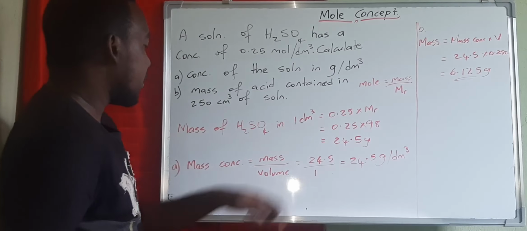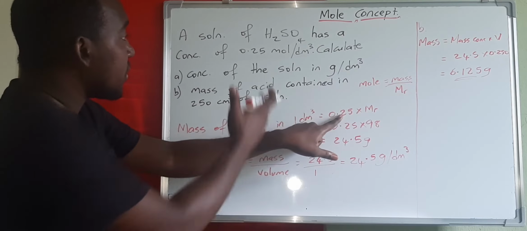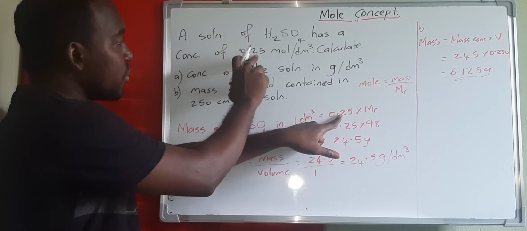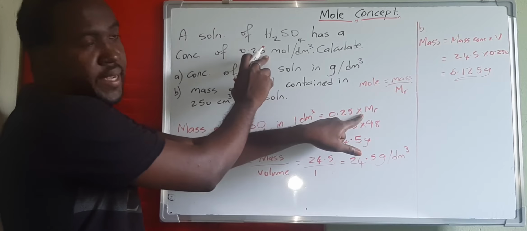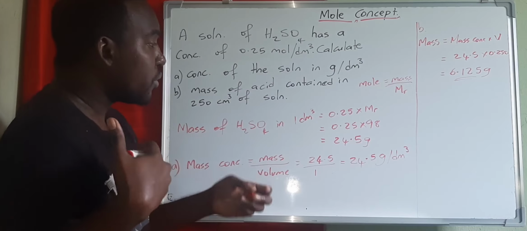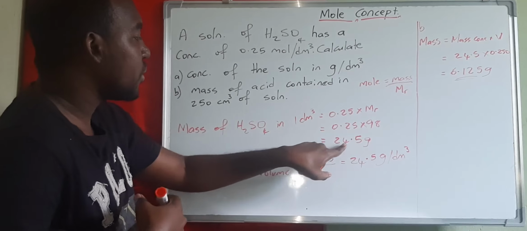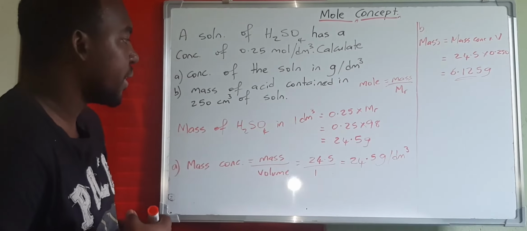Therefore, mass would be mole times molar mass. The mole, again, is 0.25 multiplied by the molar mass of sulfuric acid, which we just did, which is 98. So we multiply, and we get 24.5 grams.